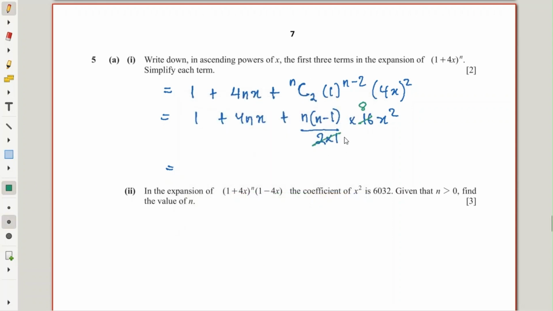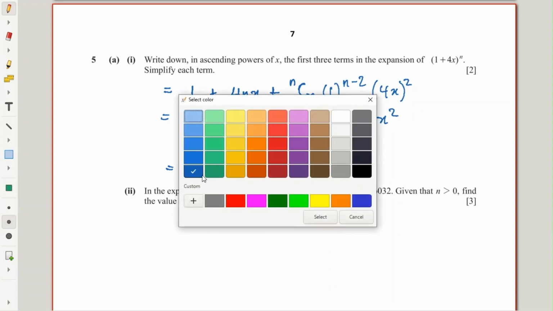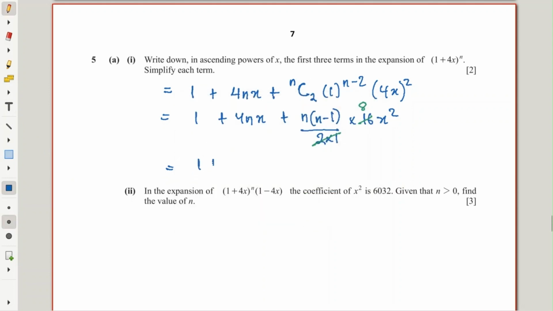So this will give me 8. Can I do any other cancellation? No. So I'll get 1 plus 4nx, plus 8, and the 8 is from here, x squared. All right, so that's it.